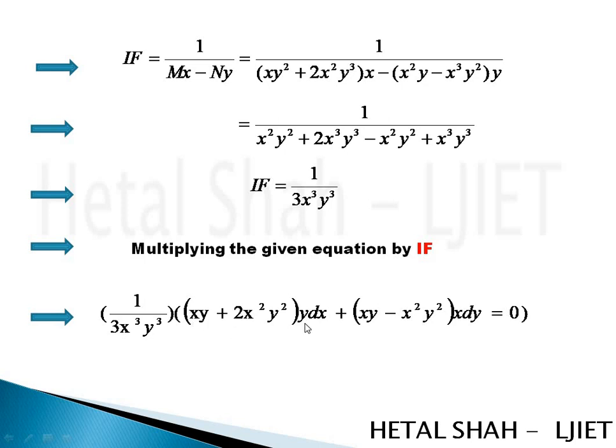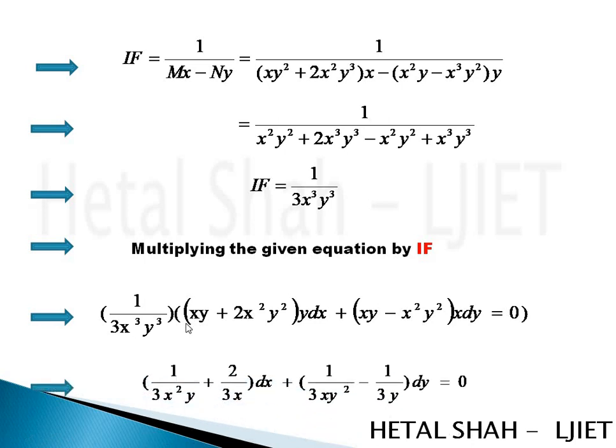Here xy into y is xy square upon 3x cube y cube, which is 1 upon 3x square y. In the same way, 2x square y cube upon 3x cube y cube: y cube cancels, x square upon x cube, that is 2 upon 3x.